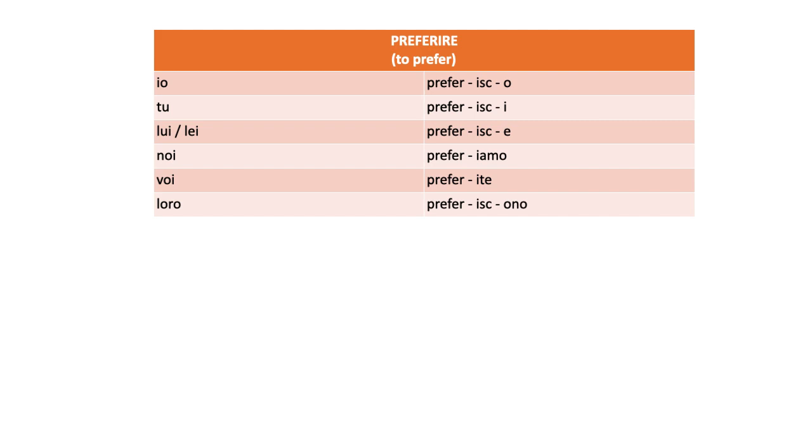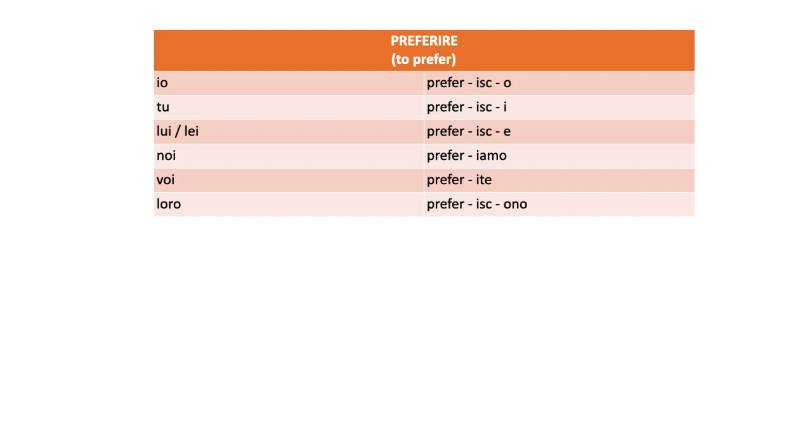Now, on the surface, this might look a little strange, but let's focus for a second on the endings without paying attention to that little isk thing that is in between the stem and the ending in some of these forms.